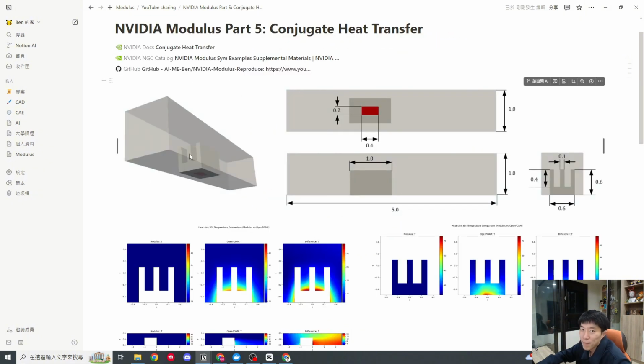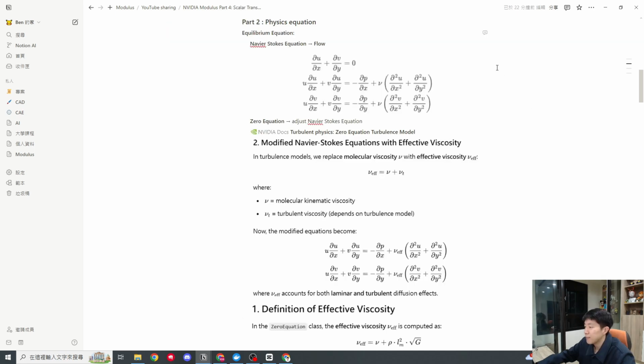Here, part 5. In this part, we dive into the governing equations. We use the Navier-Stokes equation, which is based on the conservation of mass and momentum concepts we introduced in part 2 of the lid-driven cavity example.